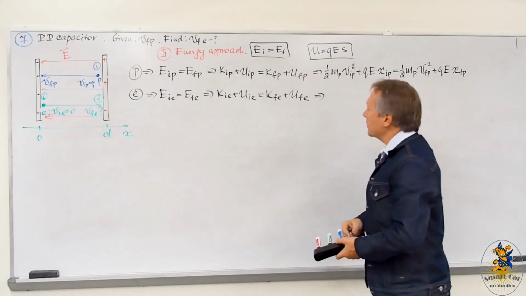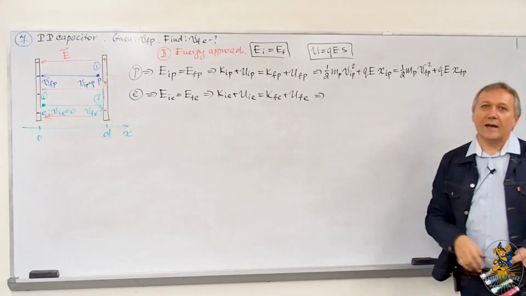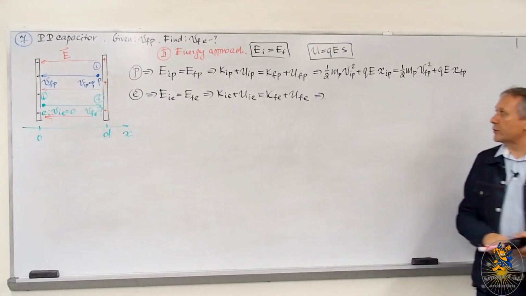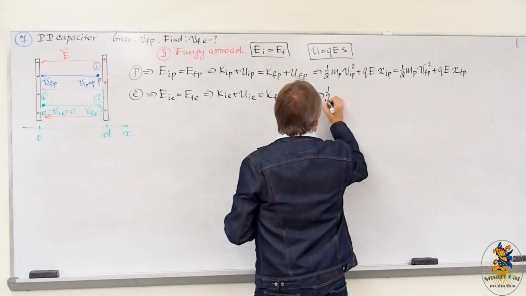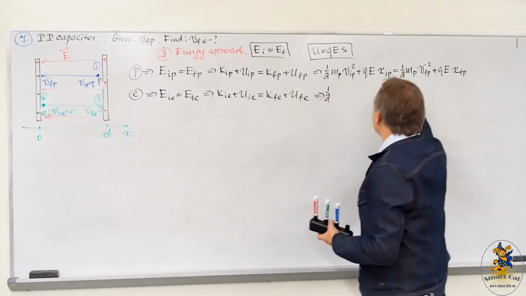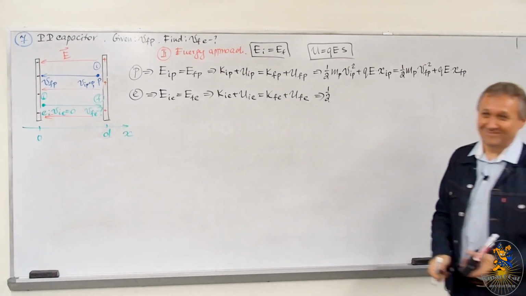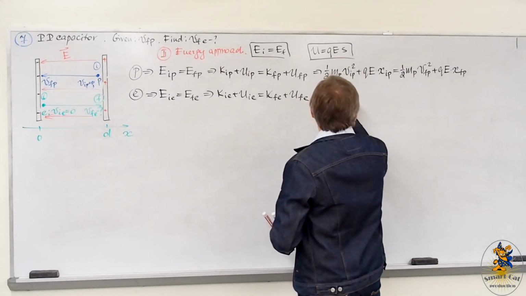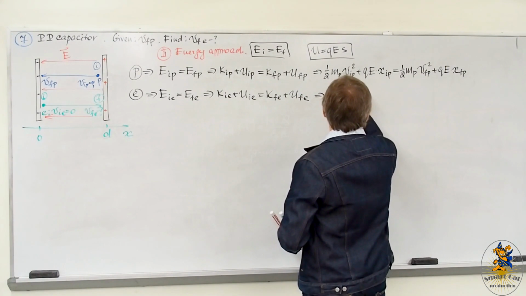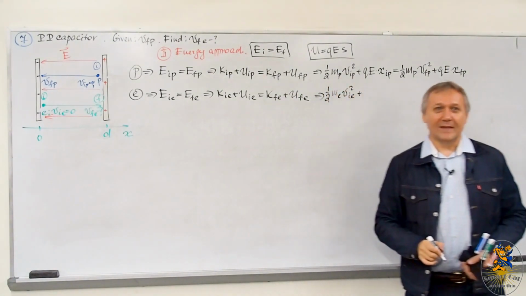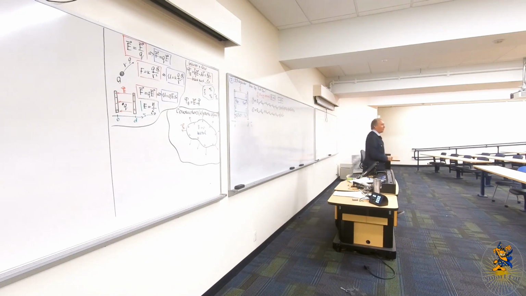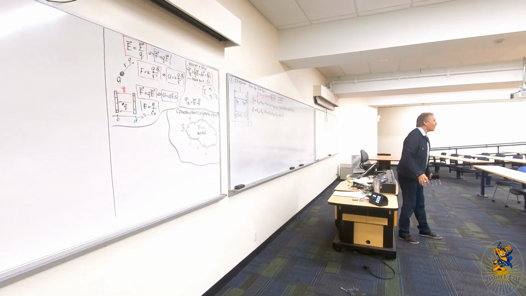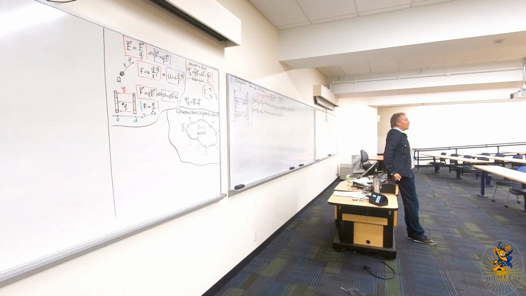Let me write something very similar for the electron, and then we will start actually applying what is given about this or that value. So one half, pretty much exactly the same, but instead of P, I need to write E. So mass of the electron, velocity initial of the electron squared plus. But now I realize that it's not exactly the same. What is different? Except that I have to change the subscript P to E. On purpose, I stopped because I realized that I need to make some additional adjustments.